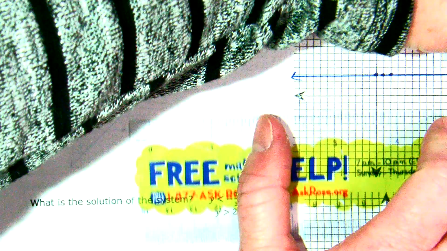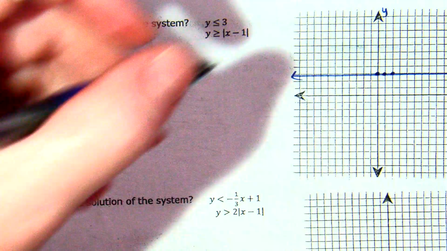Shade below. Above or below? This is a less than. So I'm shading below. Where's my below? Well, pretty obvious below here, isn't it? Again, don't go crazy dark because we're not done, right?